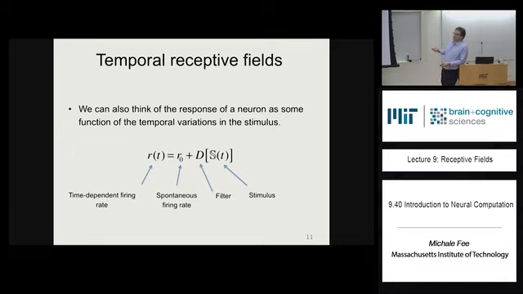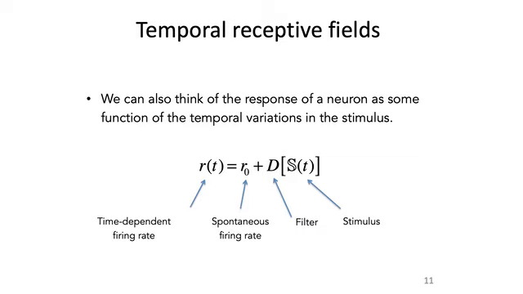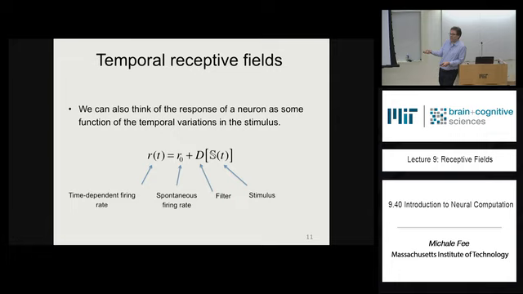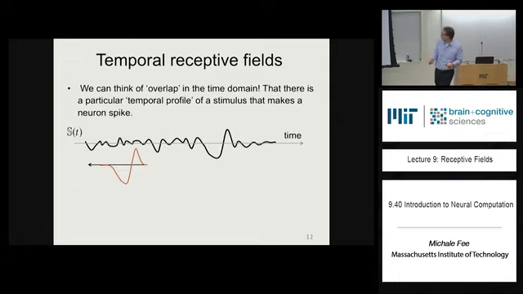Instead of a stimulus that's a function of position on the retina, we're going to take a stimulus that's a function of time, and we're going to operate on that temporal stimulus with a filter that also has a temporal sensitivity. We're going to get the output of that filter added to a spontaneous firing rate, and we're going to get a time-dependent firing rate. Okay? So let me just show you what this looks like.